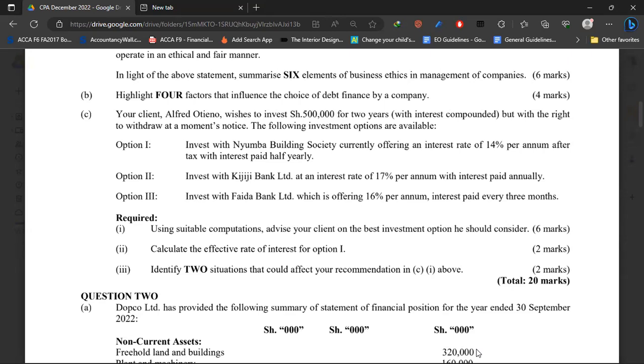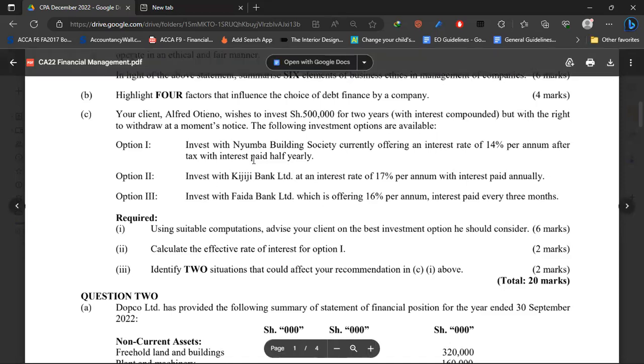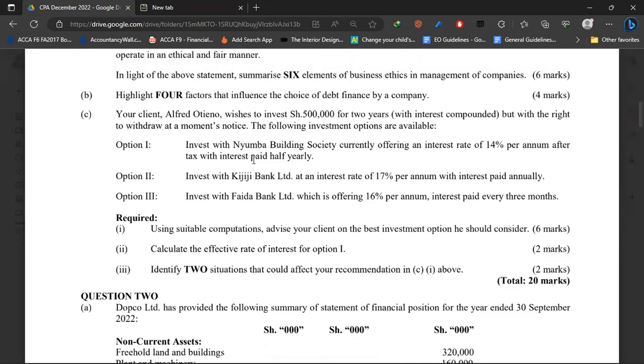Option 2, invest in Kijiji Bank Limited at an interest rate of 17% per annum with interest paid annually. Option 3, invest in Faida Bank Limited, which is offering 16% per annum, interest paid every 3 months. Using suitable computations, advise your client on the best investment option he should consider.